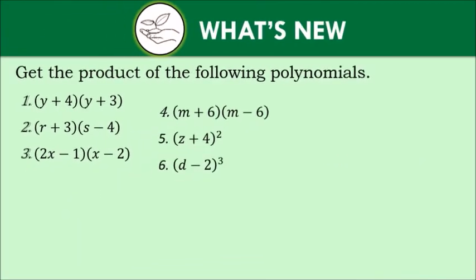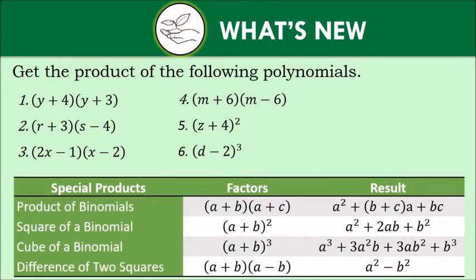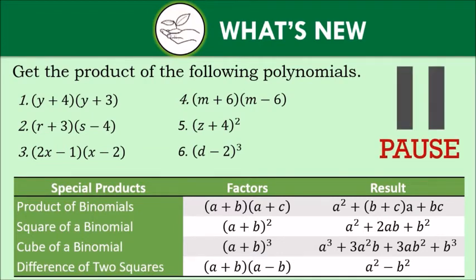Now, to help you out, I prepared here the table that summarizes our special products and the result using the patterns. So do not forget to pause this video and take your time. You have there 6 items. Okay? Are we clear? Again, pause the video and you can play it once you are ready to confirm your answers. Now, let's do this. You can pause the video now.